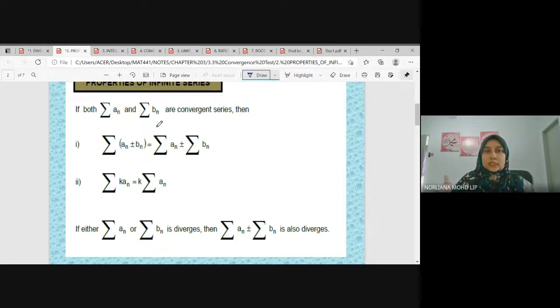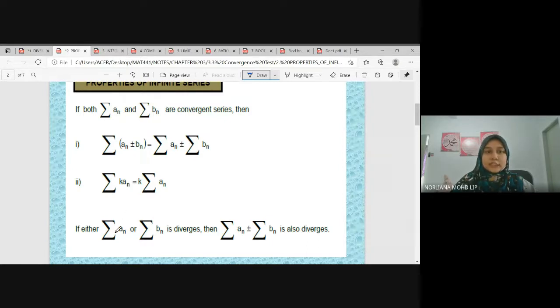Okay, means if both a and b converge, so we can find the adding of these two series, the series of an plus or minus bn.